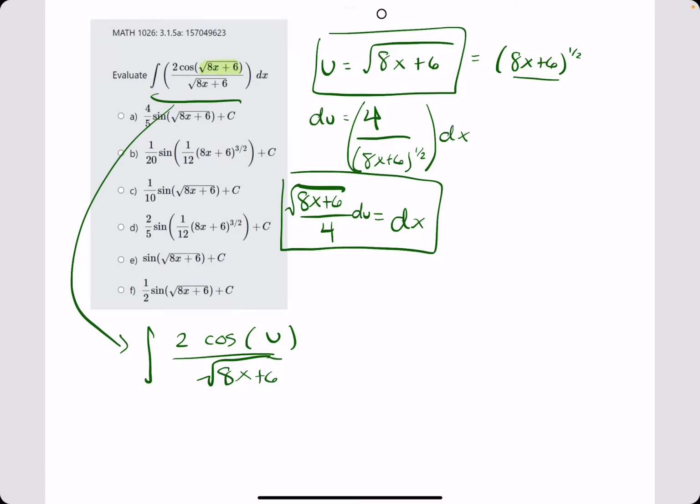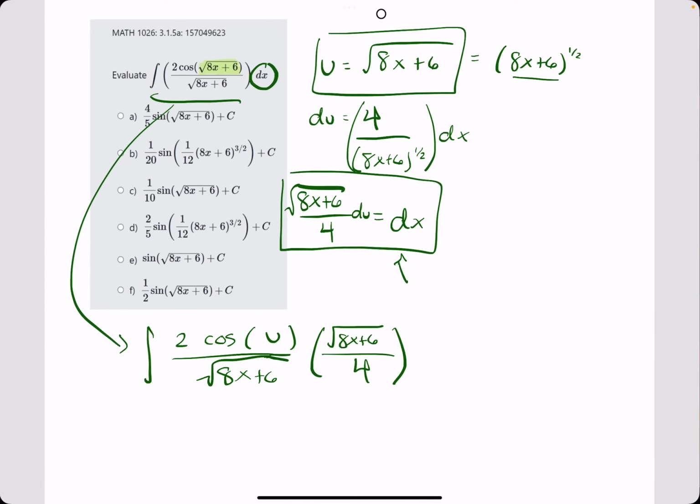And then, actually, I guess we could plug in u in place of it, but let's just leave it like this for now. This is how we usually do it. And then what we'll do is plug in the dx. So the substitution for dx is here. We have the square root of 8x plus 6 over 4, and then I'll just throw in the du here.